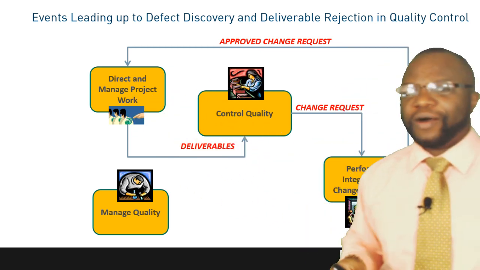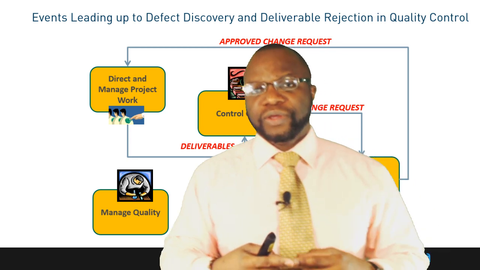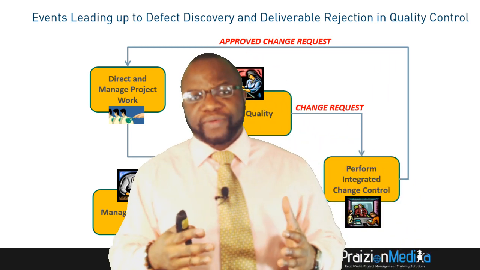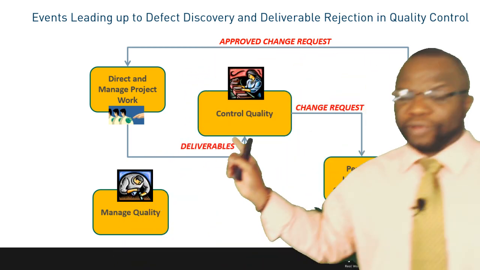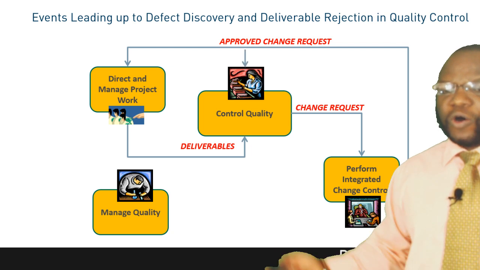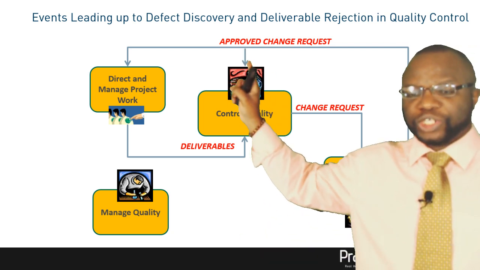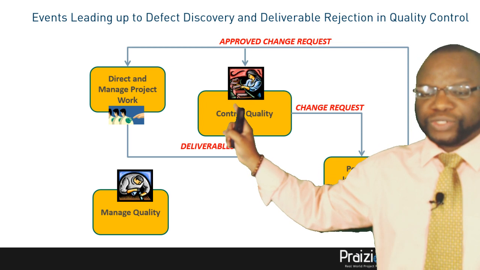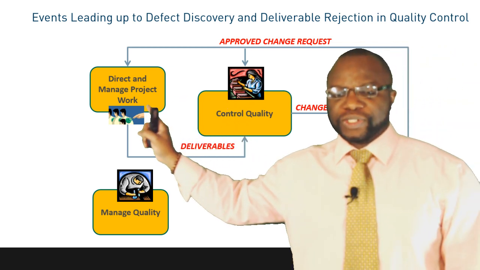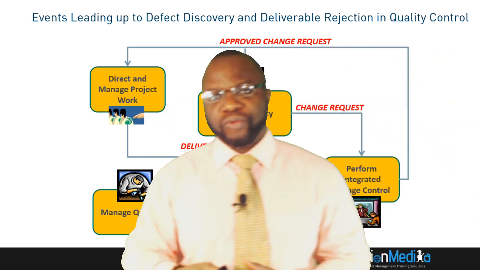And hopefully on the next go round, we will not have a change request from the lady on the conveyor belt. Hopefully we're going to get something else. So there we have it, the arrow showing you approved change request goes into control quality. It also goes into direct and managed project work, as we're going to rework this.